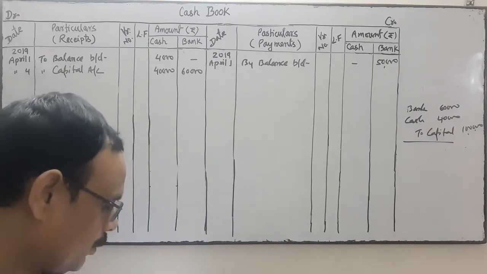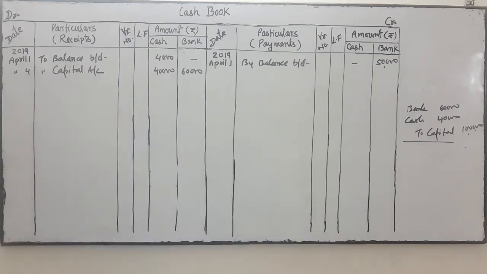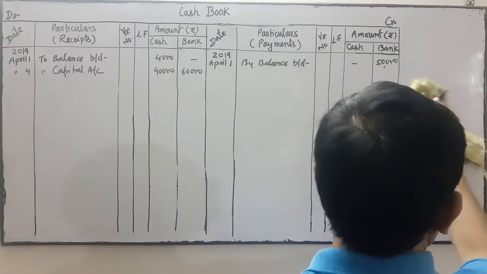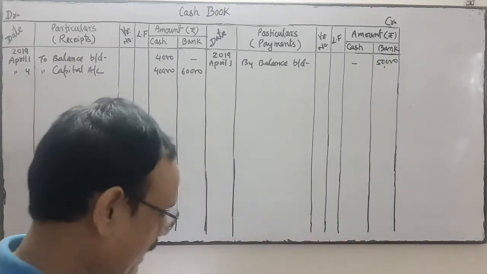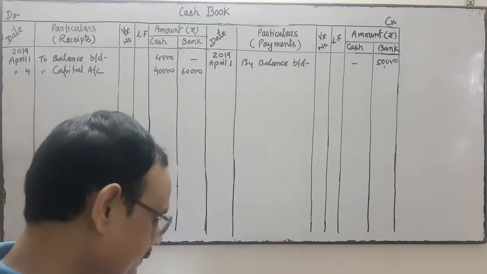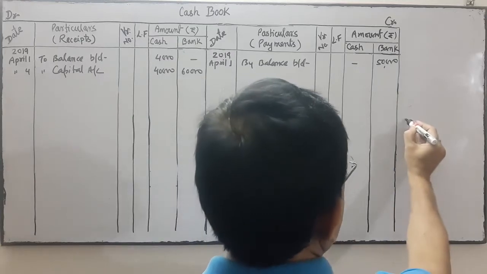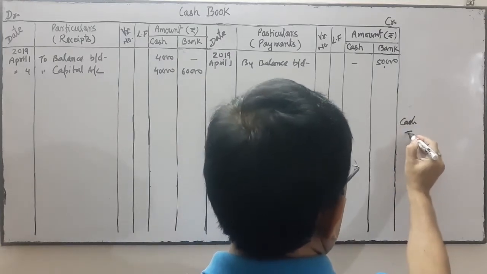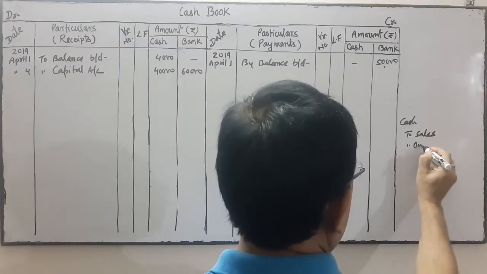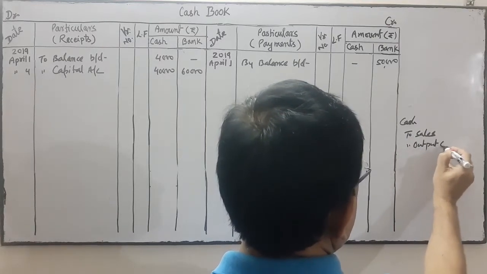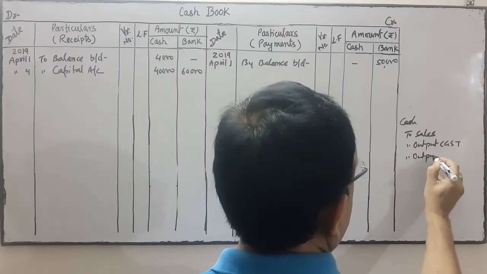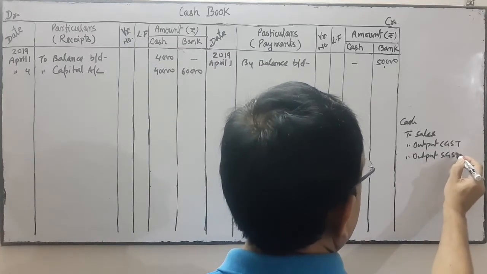Next is sold goods for cash 30,000 plus CGST and SGST at the rate of 6%. So cash account debit to sales account, to output CGST, to output SGST.